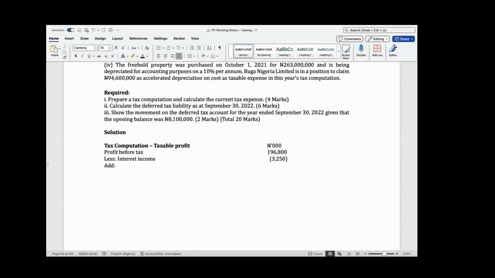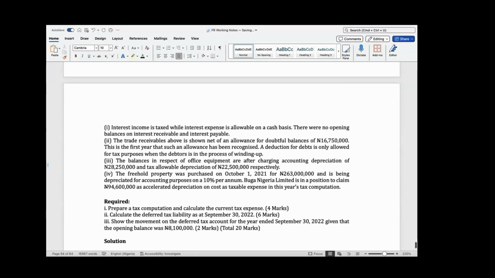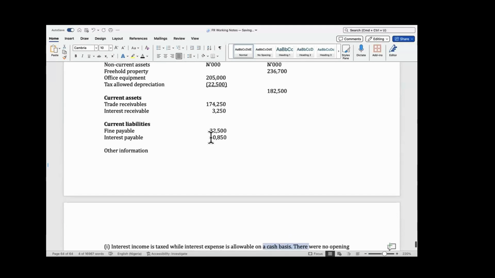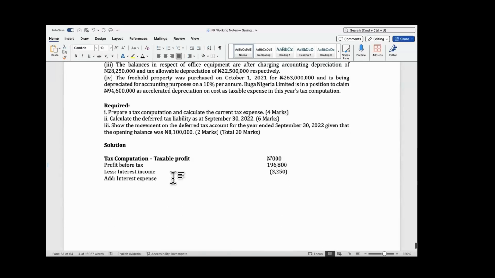Then I will add back disallowable expenses, which is the interest expense. Because it's only allowed on cash basis, I'm disallowing it this year, which is this 10,250. So I'm adding it back.